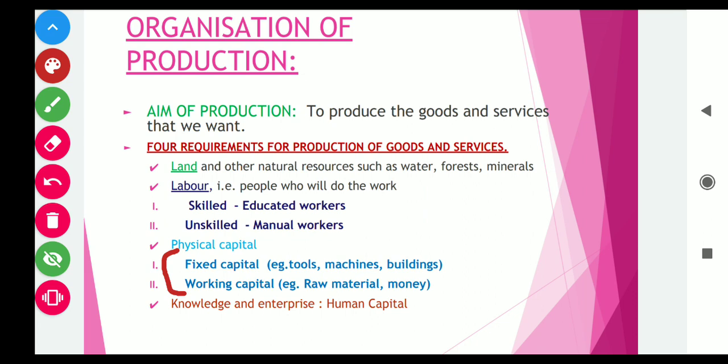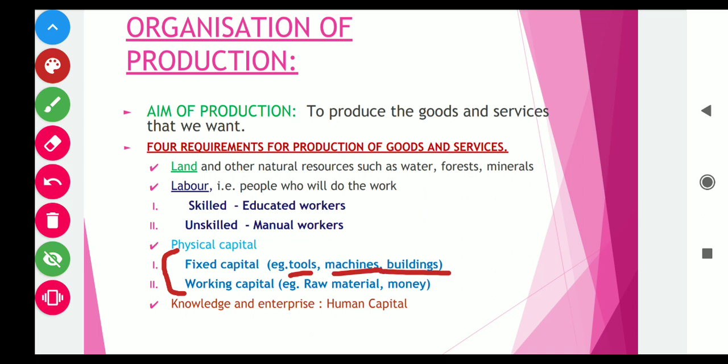That means we don't need to buy these inputs for every production year. For example, generators, tools, machines, buildings, once we have purchased, that can be used for many production years. Do we need to buy machines every year? Do we need to buy the tools every production year? No. That tools or machines or the buildings that is used for many years. So it is a fixed capital.